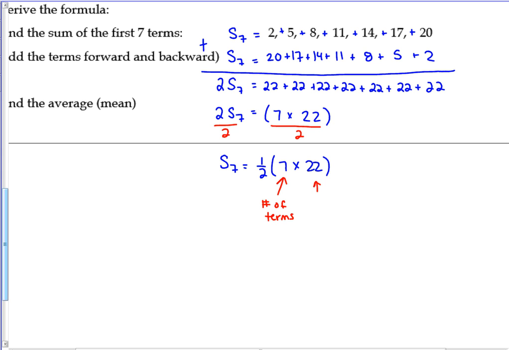The 22 was term 1 plus term n, the last term, the first and last terms added together. It's also the second and the second last term added together, the third term and the third last term, and so forth. So the easiest thing for us would be the first term plus the last term. Okay, so what do we represent first term with?